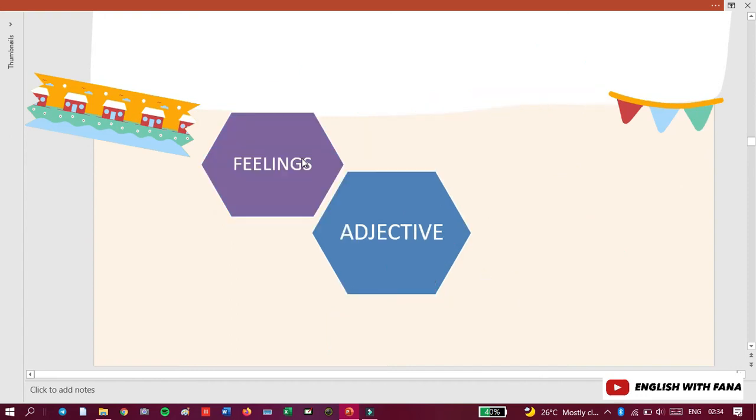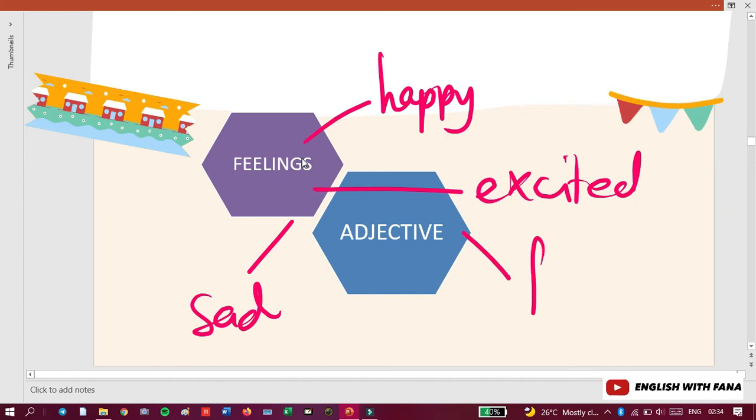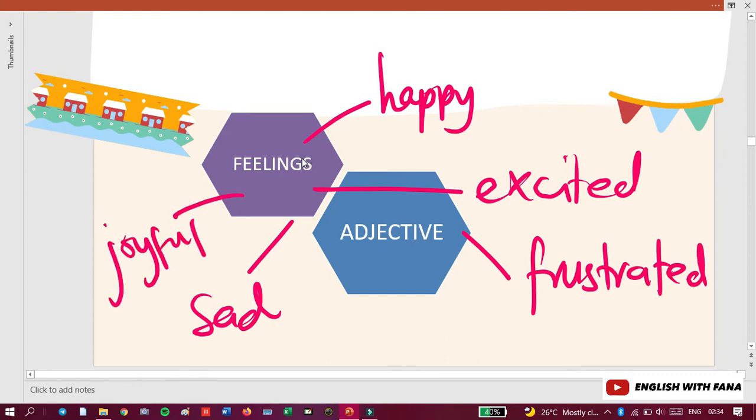Feelings. Happy is an adjective. Sad, excited, maybe frustrated, or joyful, or upset. All these words can be adjectives.